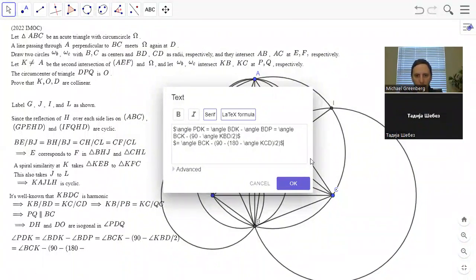Which is equal to, so the 90s cancel, and you get angle BCK plus, or minus, I think it's minus, angle KCD over 2. Let's see what that looks like.